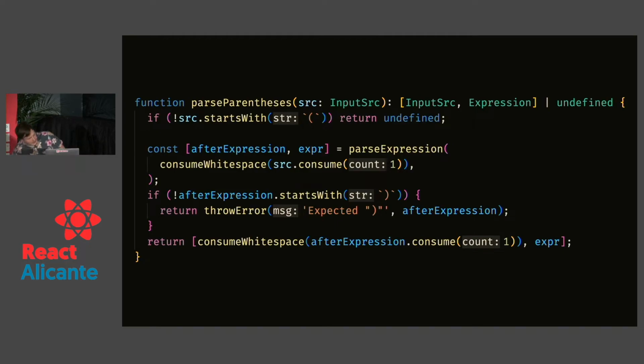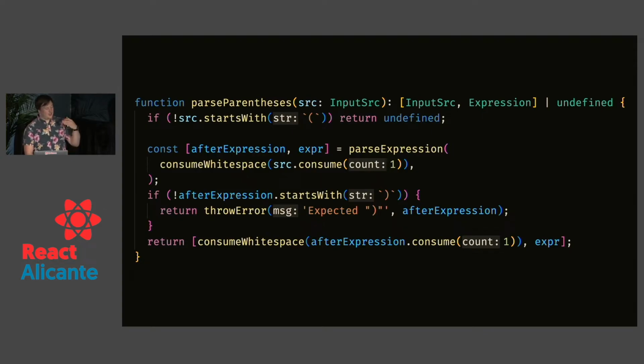And then we'll continue to parse the actual expression within those parentheses. So we're calling that top-level parse expression function that we haven't yet finished implementing. It will return both the expression that it managed to parse and any remaining text that came after the expression that it didn't manage to parse.